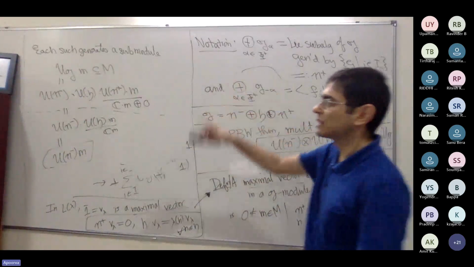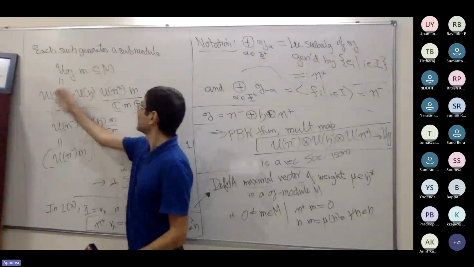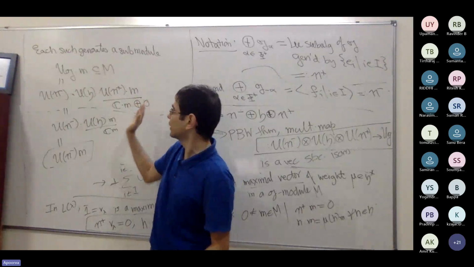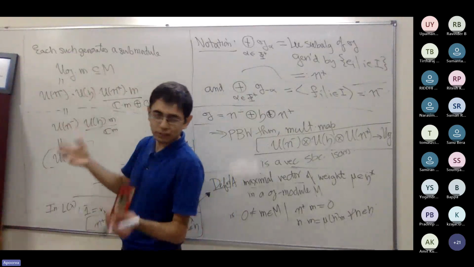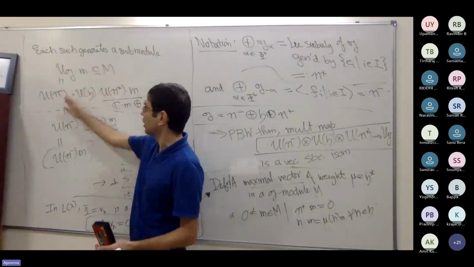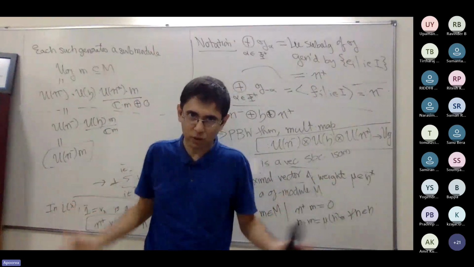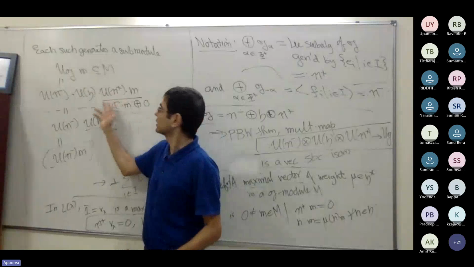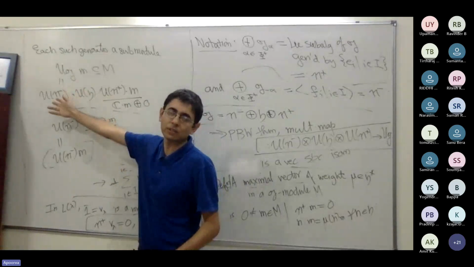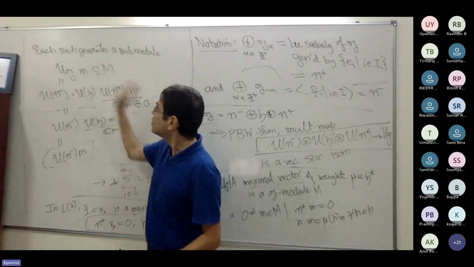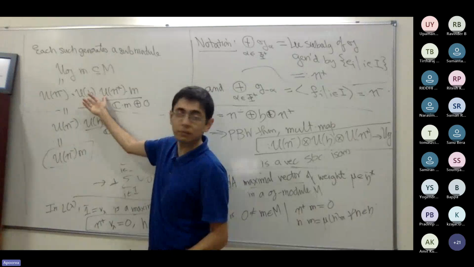So UG times, so whenever M is a maximal vector and you're applying the entire universal enveloping algebra to it, it's enough to write the elements of that algebra in this kind of a form, in this order of words. By the PBW theorem, you can choose any order of words. Choose this order, some basis of N plus, some basis of H, some basis of N. And then you can ignore everything that is a non-trivial word coming from.